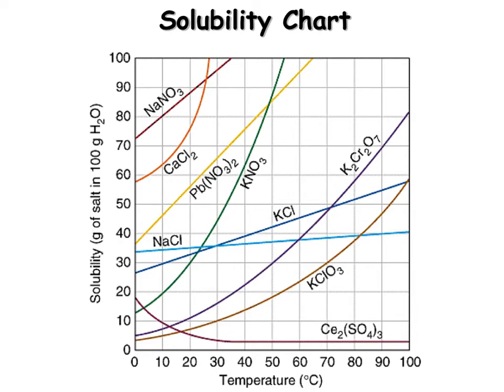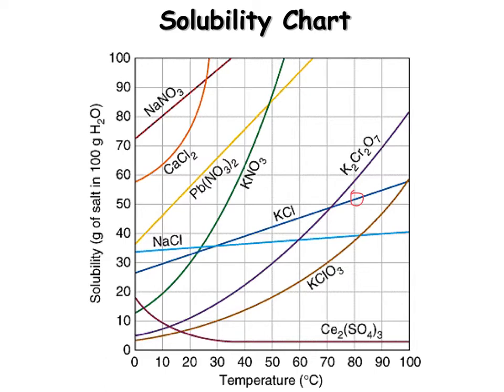Something you might see in relation to this would be a solubility chart. On here you can see the trends. You can read this as far as temperature. At 80 degrees, you would be able to dissolve approximately 52 grams of calcium chloride into water.